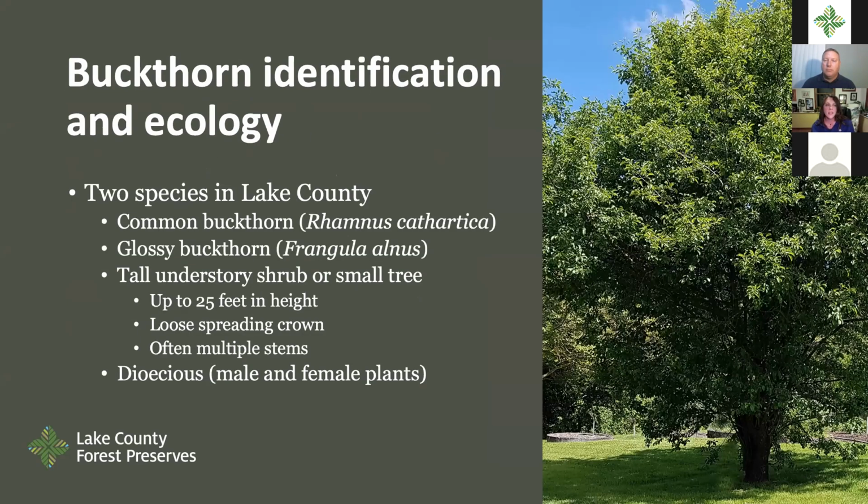So what is buckthorn? Matt, can you tell us a bit more so people know for certain if they have it in their backyard? Sure. When we talk about buckthorn, there are two species found here in Lake County that are invasive and exotic and are the real problems. We have common buckthorn, or European buckthorn, which is Rhamnus cathartica, and another species called glossy buckthorn, which is Frangula alnus.